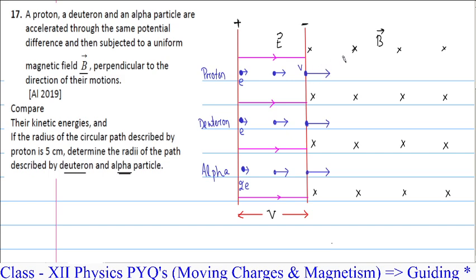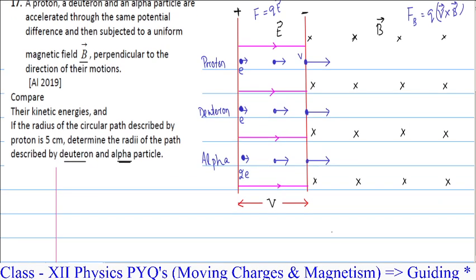It will experience a force due to the magnetic field. The force due to the magnetic field is given by q into v cross B. And due to the presence of the electric field, it will experience a force F equal to qE, due to which it is getting accelerated. So first, when this charged particle is accelerated through a potential difference of V, what is the energy gained?